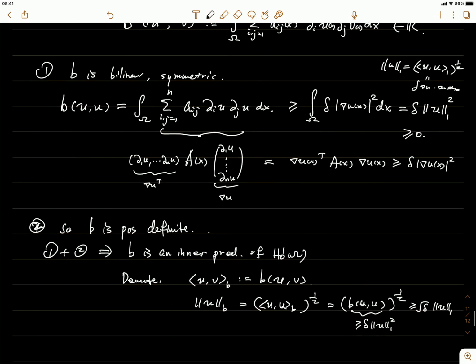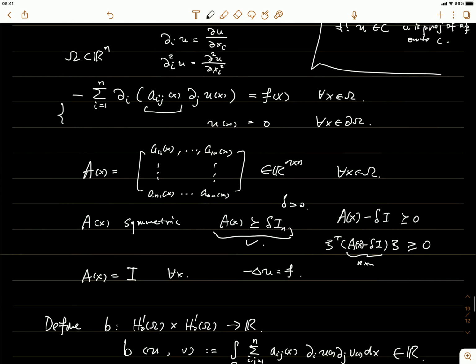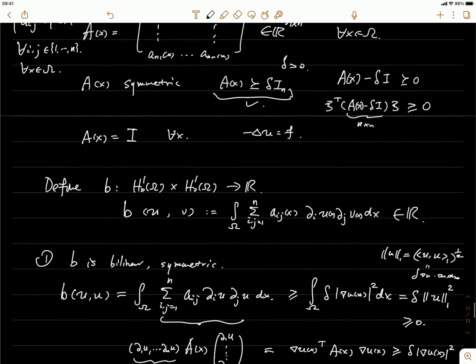But on the other hand, let's assume that all these entries are bounded above on omega. Say a_ij(x) is bounded by M for any i, j from 1 to n, and for any x in omega.